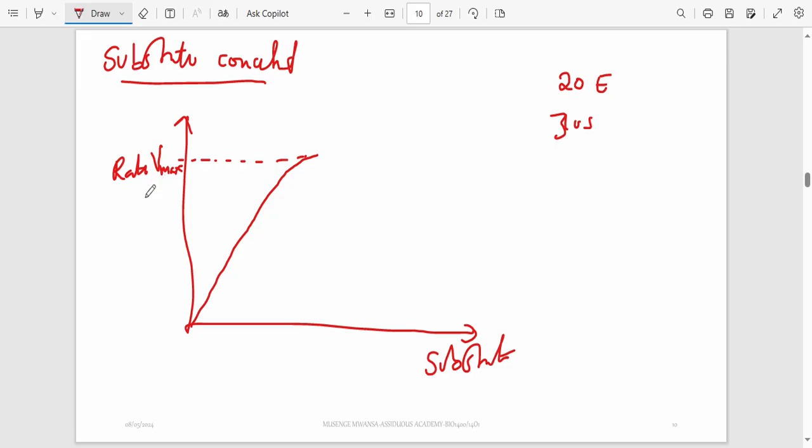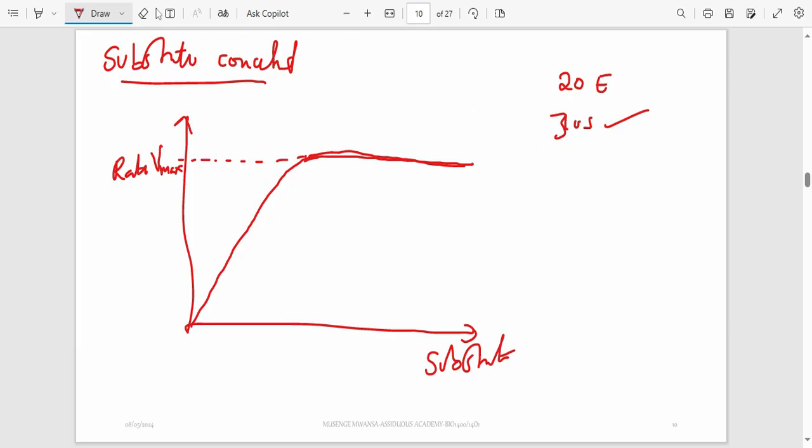the maximum velocity or the maximum rate, Vmax. Why? Because increasing the substrate will no longer affect the rate. So you can see the rate will still be the same. Why? Because the extra substrates don't have any enzymes to work on them for the reaction to be faster.